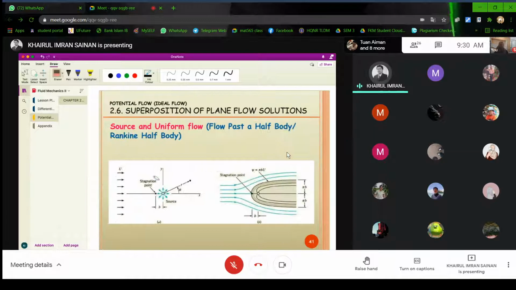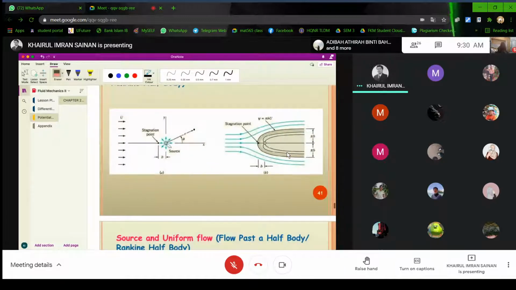So if you notice here, this is the source and this is the uniform flow. So what is important in this superposition is how we determine the important features of the flow. For example, stagnation point.